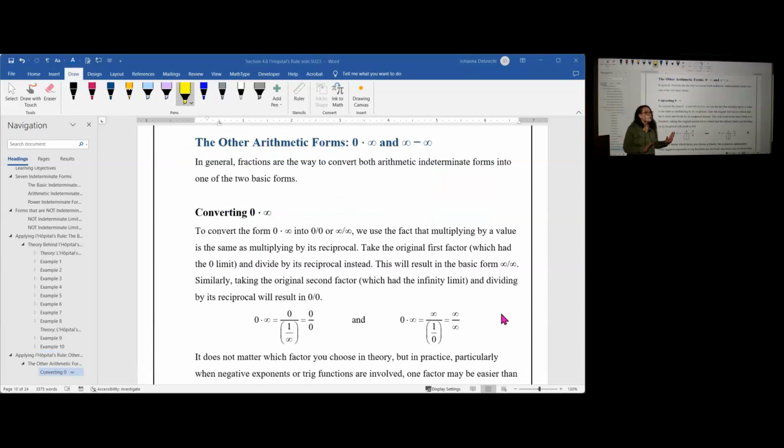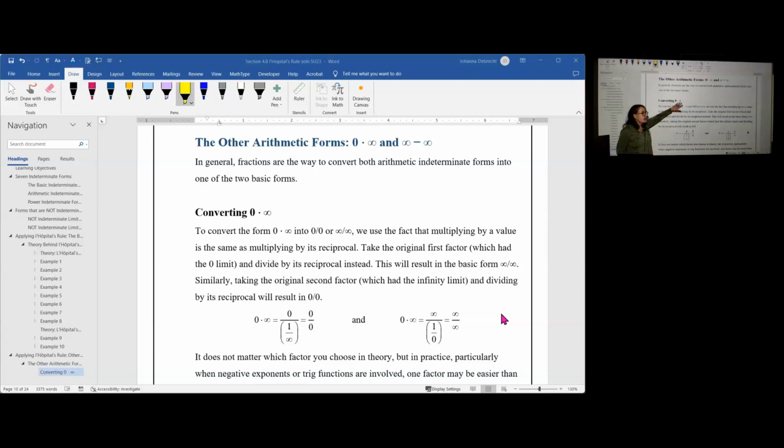In general, when we want to convert 0 times infinity or infinity minus infinity into one of the basic forms, we have to get them written as a single fraction, because L'Hopital's rule applies to the ratio of two functions in a single fraction. So we take a look at what we have and try to imagine how we can convert these two into a fraction.